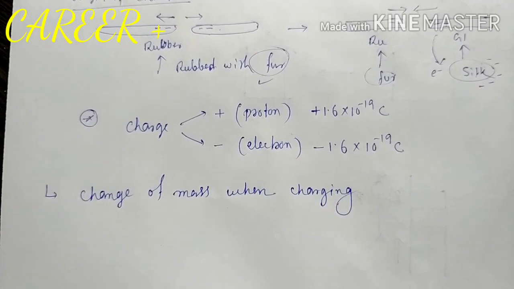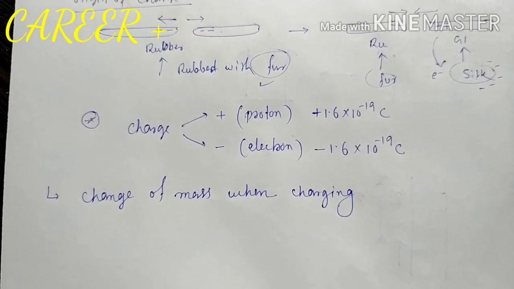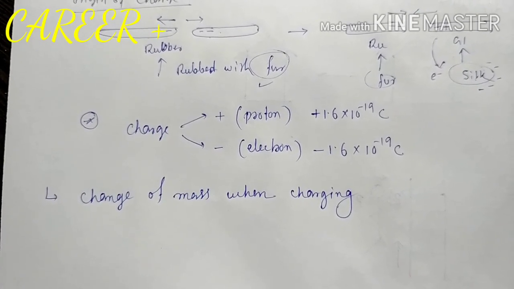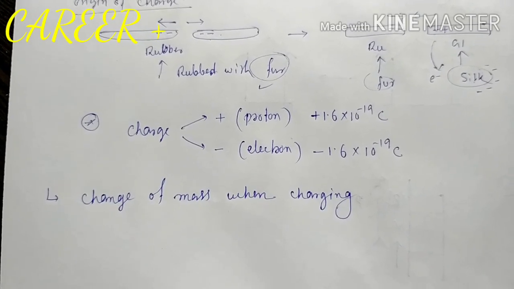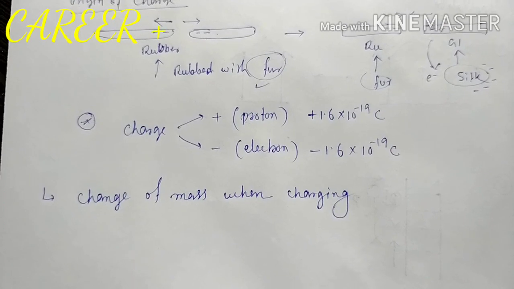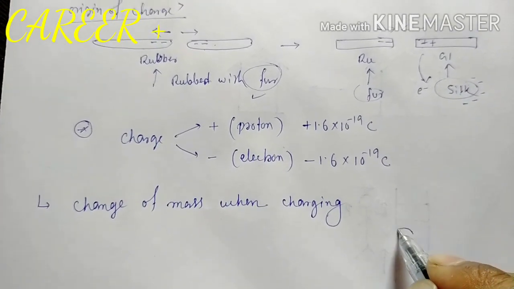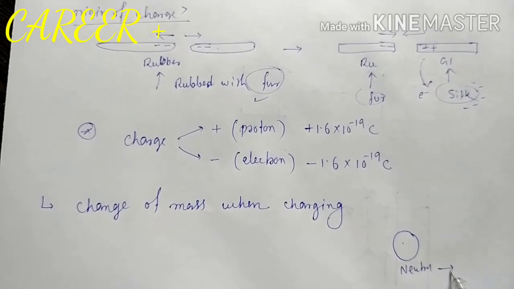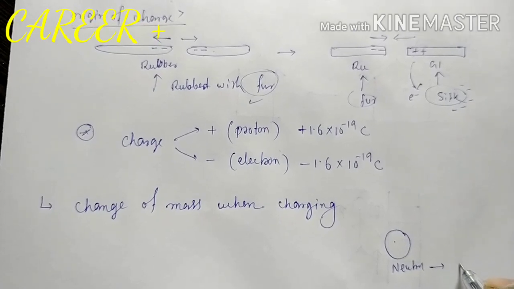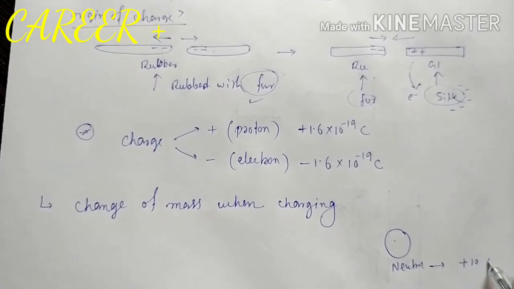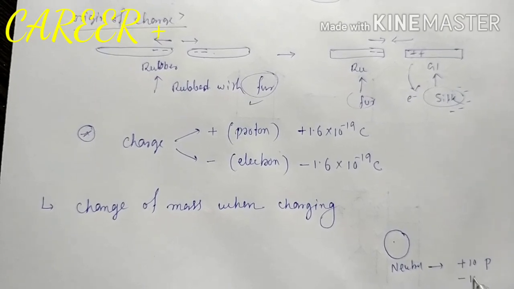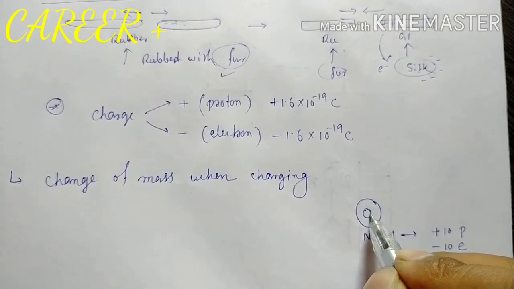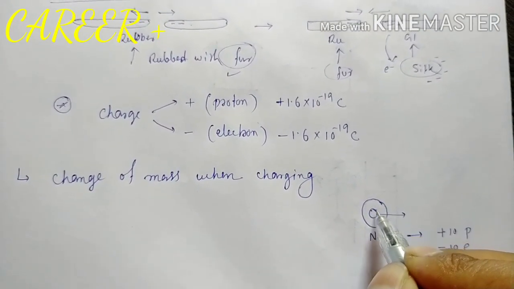Now there is an important fact. Is there any change of mass when an electrically neutral body becomes charged, positively or negatively? The answer is yes. Say this is an electrically neutral body. Neutral means it contains 10 protons and at the same time 10 electrons.